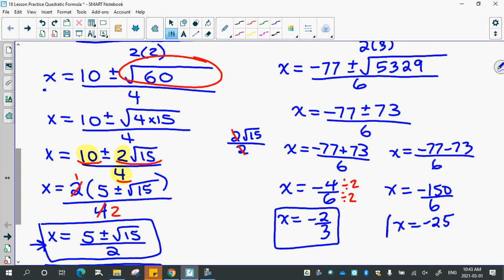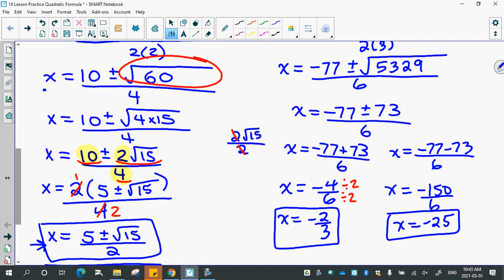So there's my other exact solution. So in this case, my exact solutions are rational numbers. Negative 2/3 is rational, negative 25 is rational. Over here, because they contain square root of 15, which is irrational, our answers are irrational.